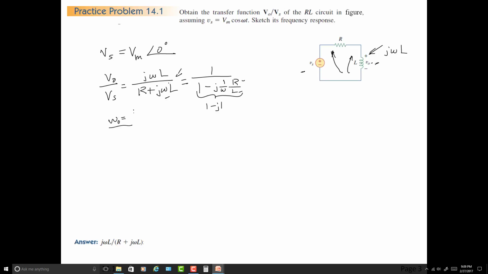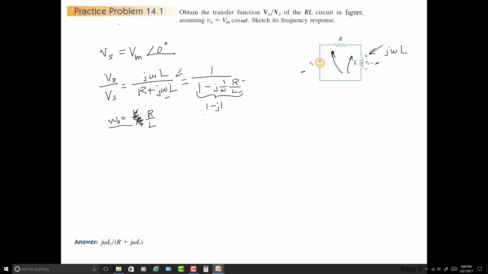So when omega is R over L, we call that omega 0, then our transfer function becomes 1 over 1 minus j1. I said that backwards earlier; it should be when omega is R over L, because if I plug that in, the L's will cancel, the R's will cancel, and I end up with 1. Sorry, my bad. But that's an important frequency, and it's what we'll call a break frequency.